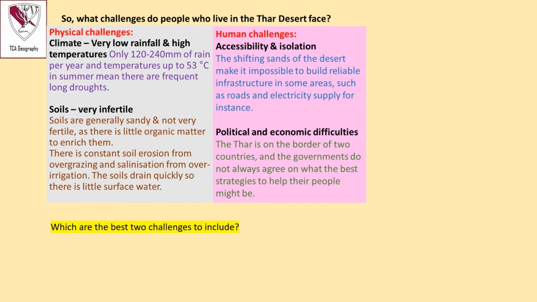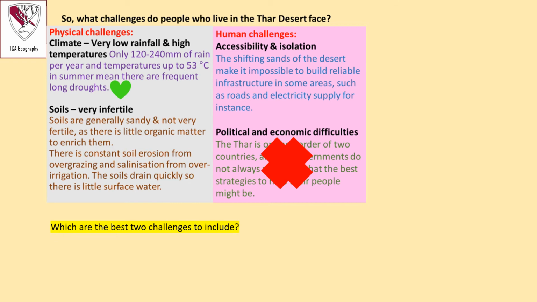Well, remember that you are trying to give detail. Therefore, I suggest you don't mention the political and economic difficulties, or you can mention them by all means, but don't make that your key challenge or one of your two key challenges.